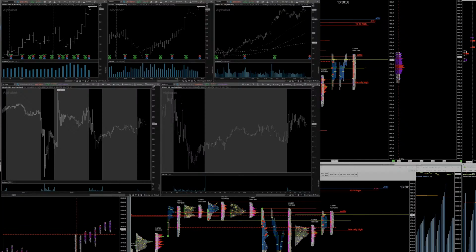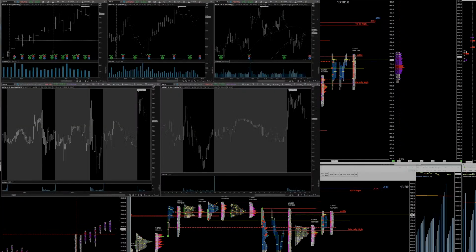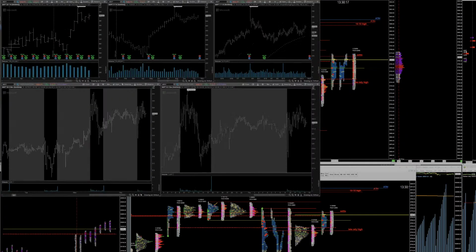No, Meta has not reported yet. There is some volume here, and this is a day to the downside. Microsoft. Ooh, very low volume here. Compare what you had yesterday, for example. This is 30, this is 15, this is 10 minutes, compared with the previous day. All right.